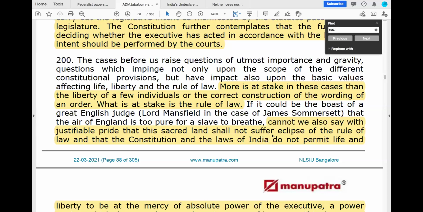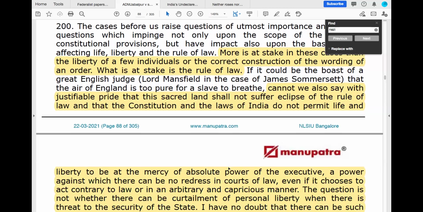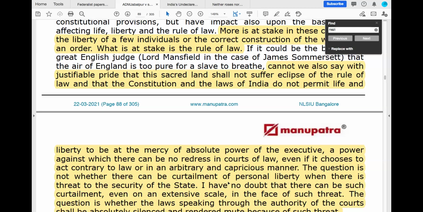If it could be the boast of a great English judge, Lord Mansfield, in the case of James Somerset, that the air of England is too pure for a slave to breathe, cannot we also say with justifiable pride that this sacred land shall not suffer eclipse of the rule of law, and that the Constitution and the laws of India do not permit life and liberty to be at the mercy of absolute power of the executive, a power against which there can be no redress in courts of law, even if it chooses to act contrary to law or in an arbitrary and capricious manner.